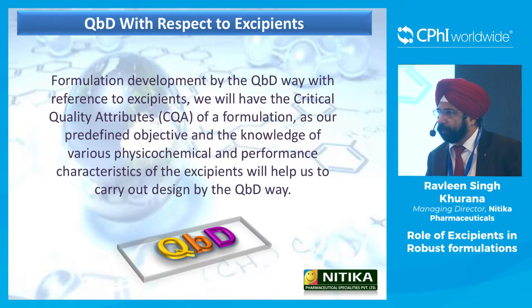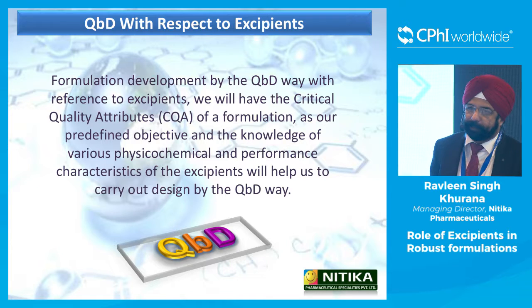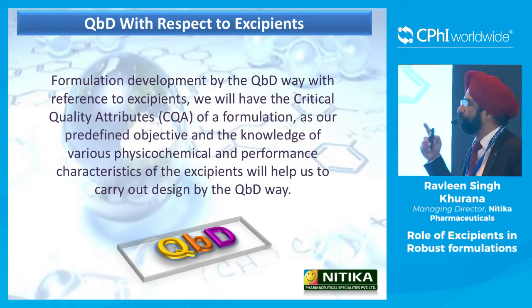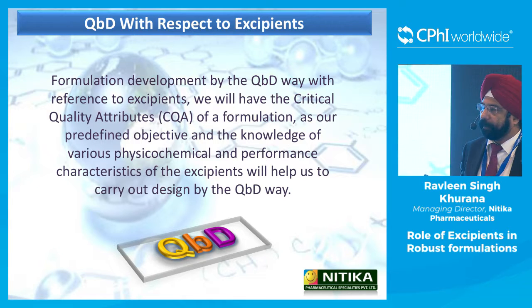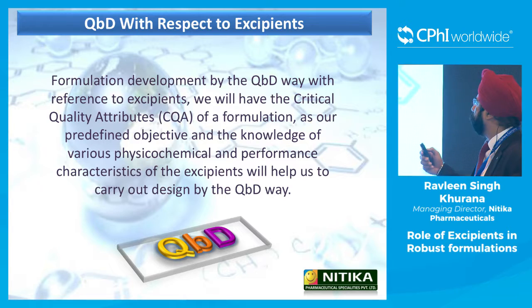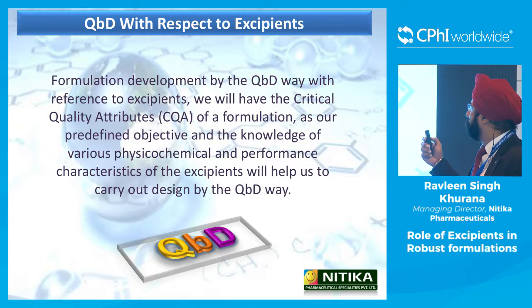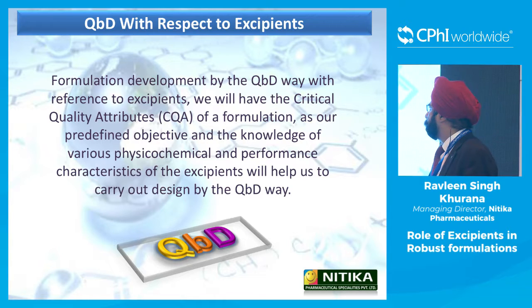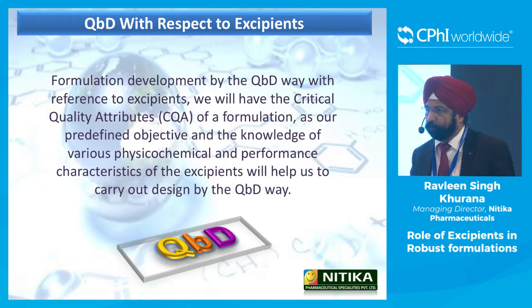Now what does QBD expect with respect to the excipients? Formulation development by the QBD way, with reference to excipients, will have the critical quality attributes of the formulation as our objective, and knowledge of various physicochemical and performance characteristics of the excipients will help us carry out the design by the QBD way.